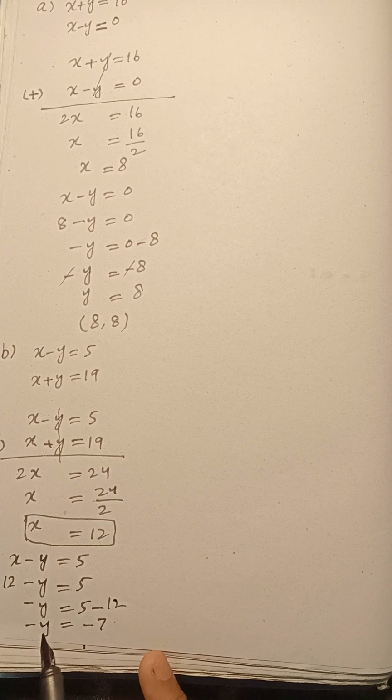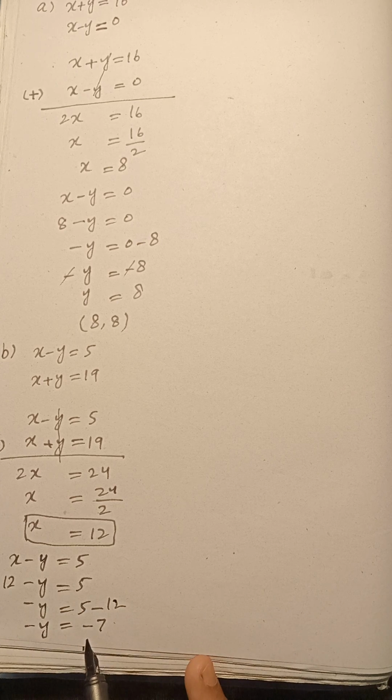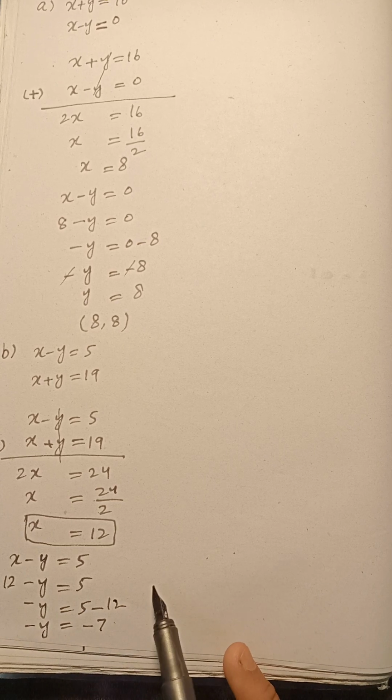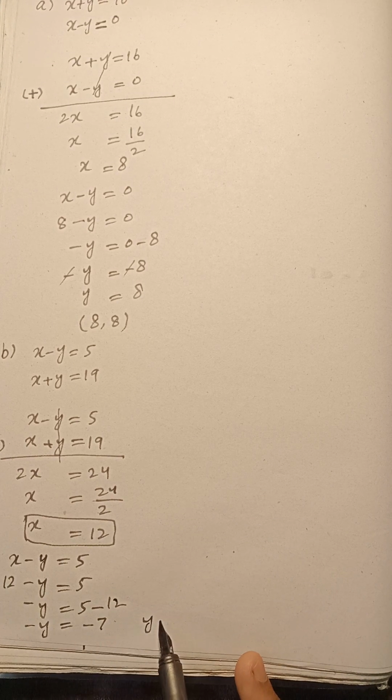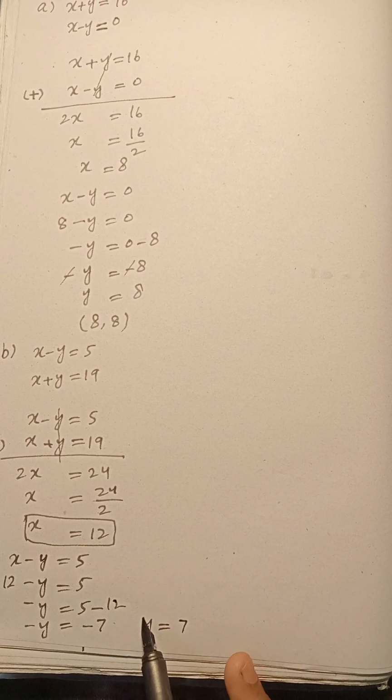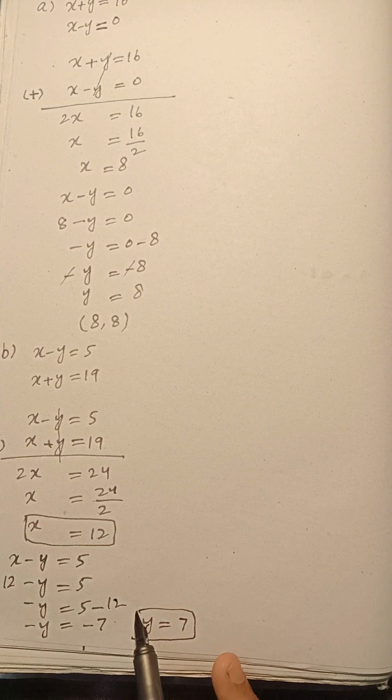Now minus and minus can be cancelled out. The answer will be y is equal to 7. This is our second answer.